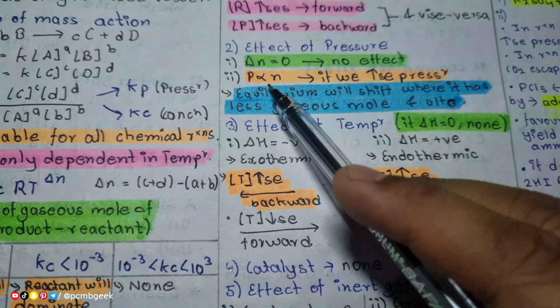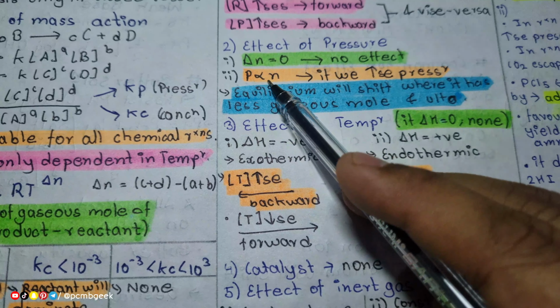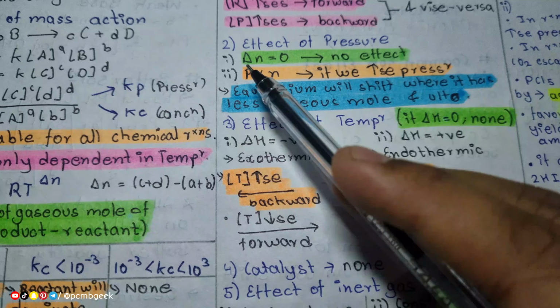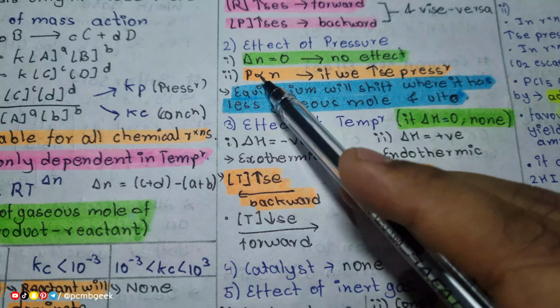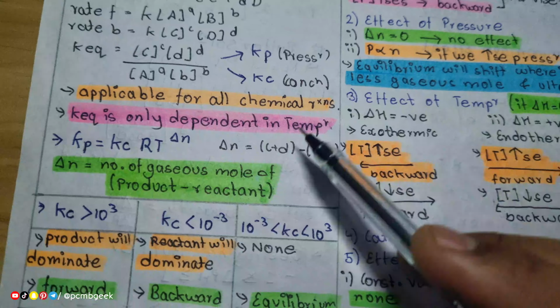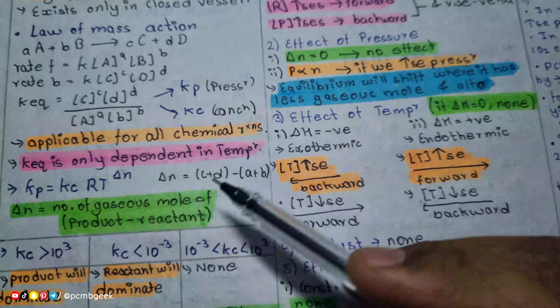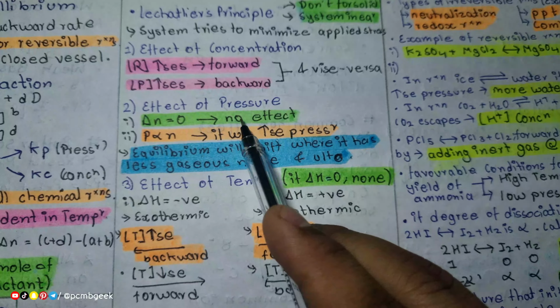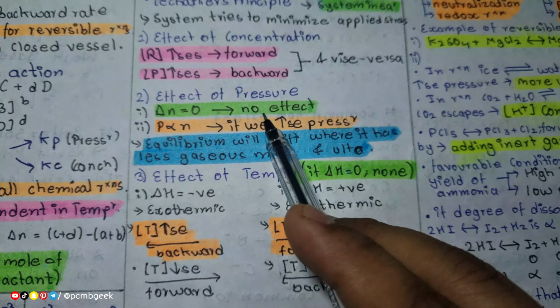Effect of pressure. As we know that PV equals nRT, that is, pressure is directly proportional to the number of gaseous molecules. That is, change in pressure is directly proportional to change in the number of gaseous molecules. For example, if the del n that we calculated from this equation equals 0, that is, changing pressure will not have any significant change in the equilibrium.